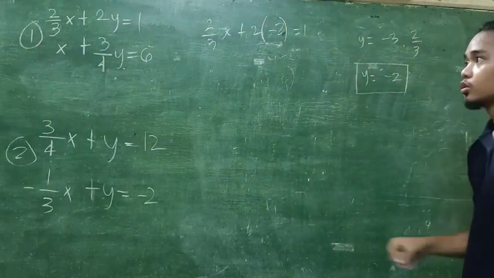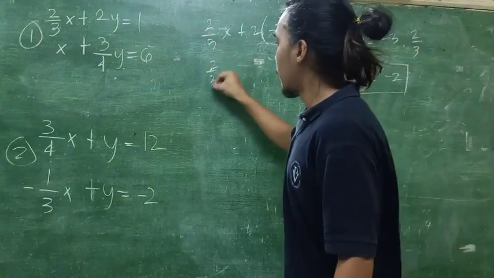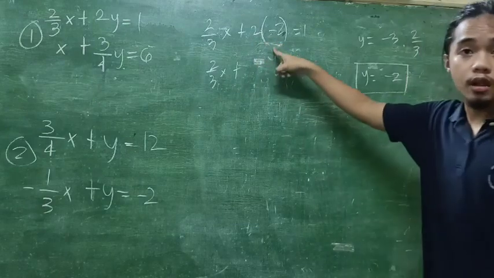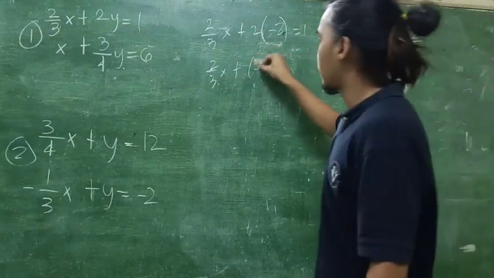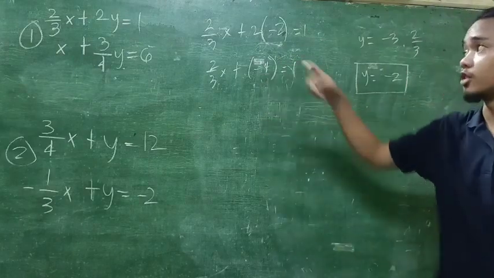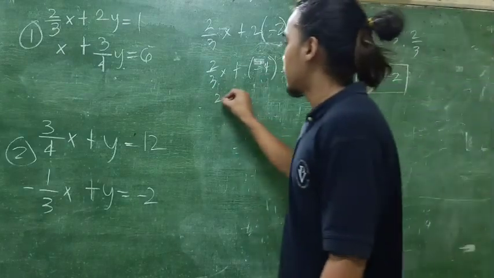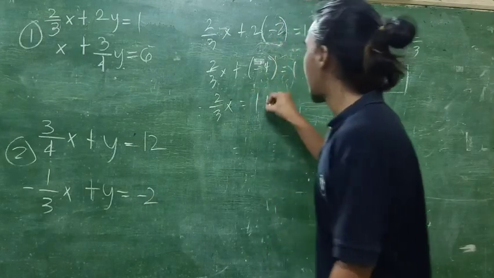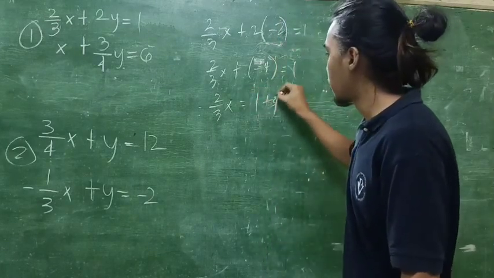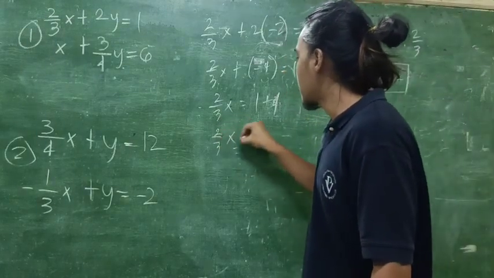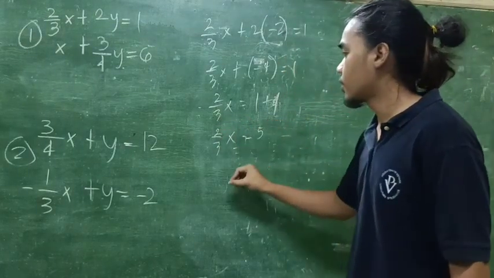So 2/3 x plus 2 times negative 2 is negative 4, equals 1. Combine like terms, so we have to transpose negative 4. 2/3 x is equal to 1 plus 4. Then 2/3 x is equal to 5.